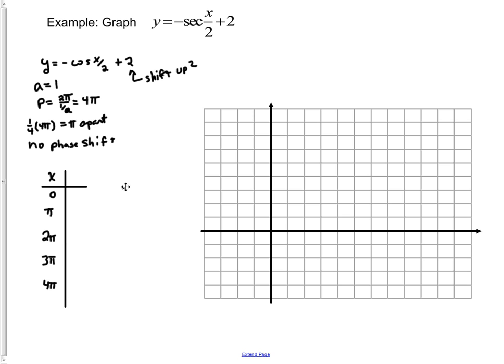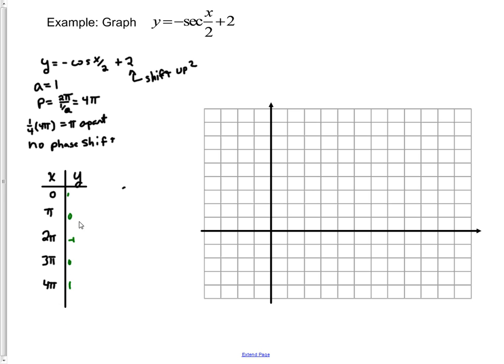So what's going to happen here is that when we're graphing this, we want to get the proper y values that go with it. Now, if we're thinking about the secant function, we're going to have vertical asymptotes wherever cosine is 0. So let's go through our normal cosine period. Normally with cosine, we start with 1, 0, -1, 0, and 1.